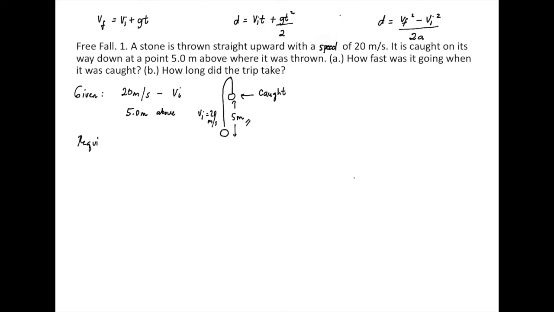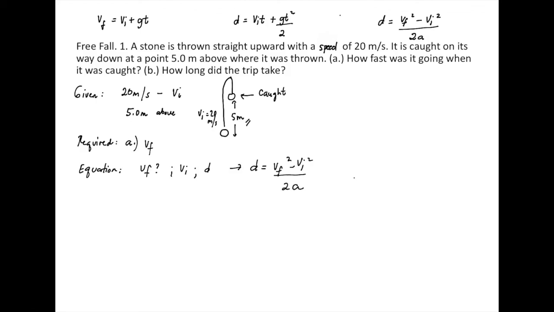The required for letter A is the final velocity. Let's go now to our equation. Since we are asked for VF, and we have VI and the distance, the most useful equation that we're going to use is equation number 3, wherein distance is equivalent to VF squared minus VI squared all over 2A.